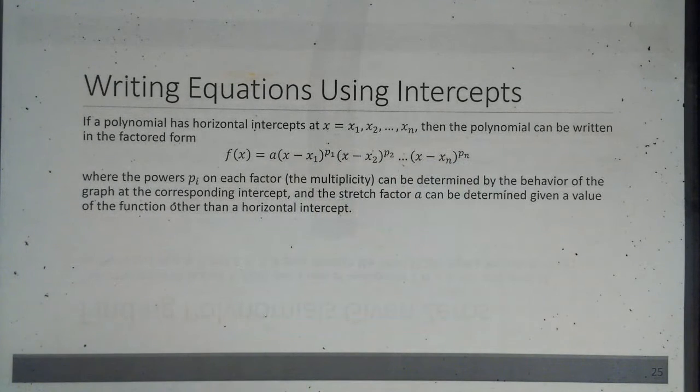We can determine those by the behavior of the graph at the corresponding intercept.